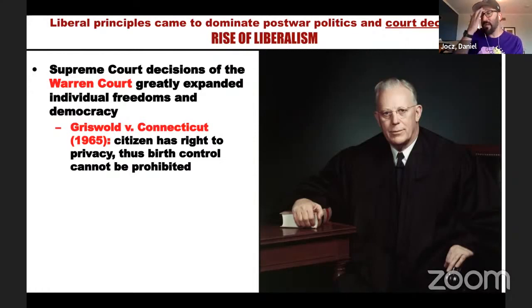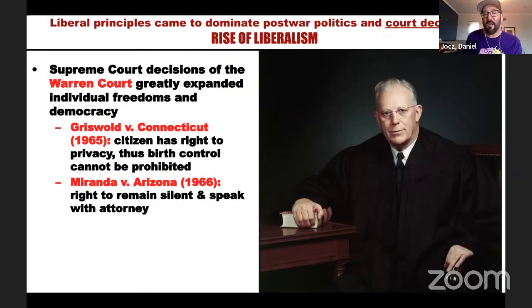That was a very important case in terms of one issue that a lot of people were talking about, especially the feminist movement. You have Miranda versus Arizona in 1966 that basically says, if you are arrested, you have the right to remain silent and speak with an attorney. So always remember that if you are ever arrested, hopefully not, you will be read your Miranda rights.